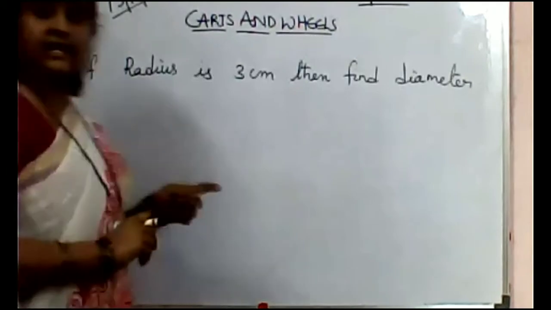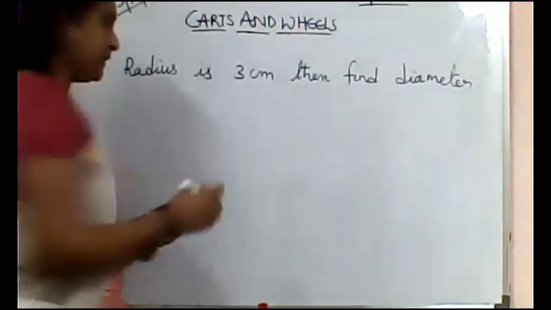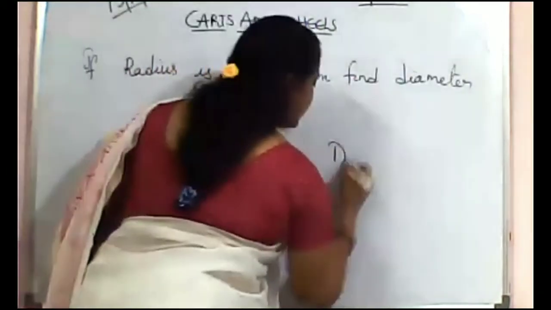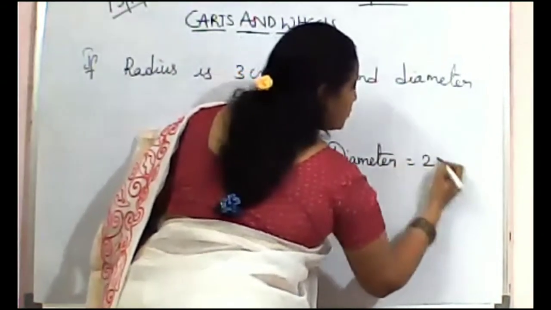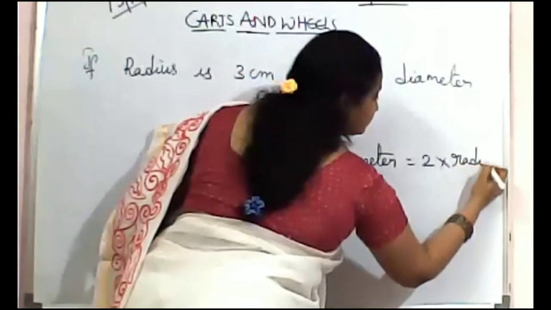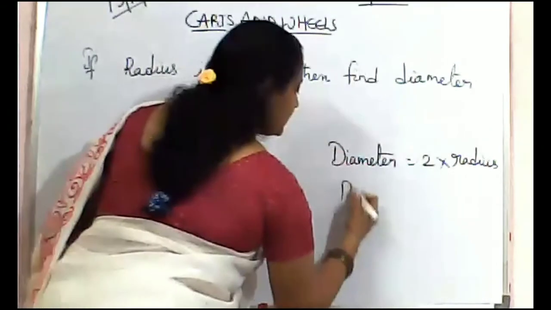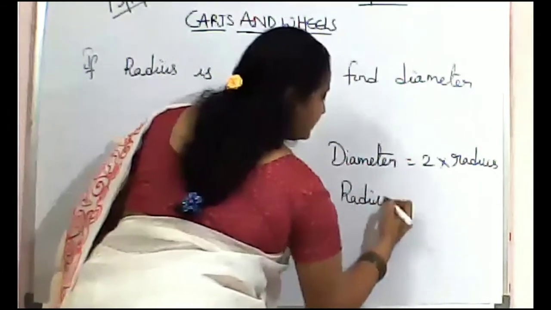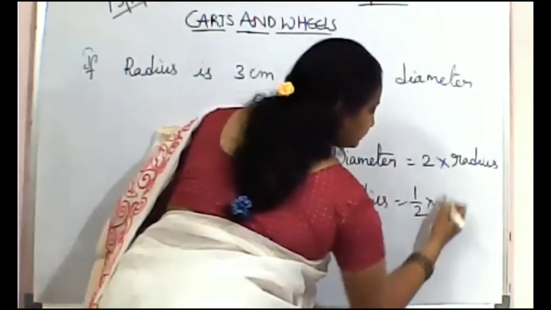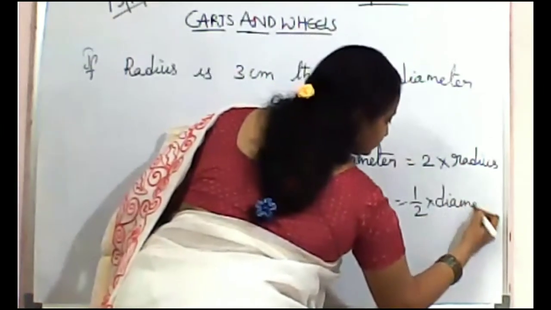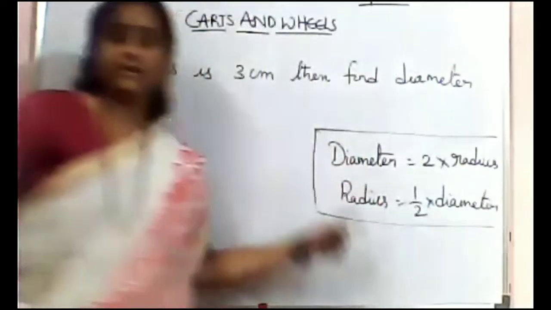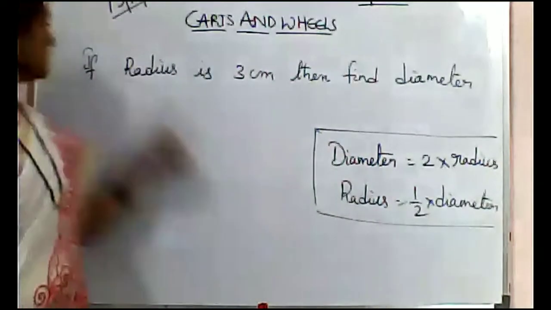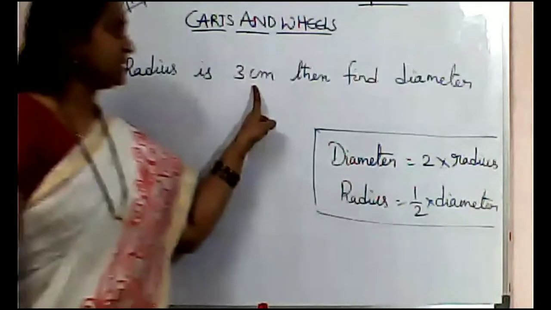And we have a relation between radius and diameter. We know that diameter equals 2 into radius. So radius equals half of the diameter. This is the relation between radius and diameter. Here it is given that the radius is 3 centimeters.